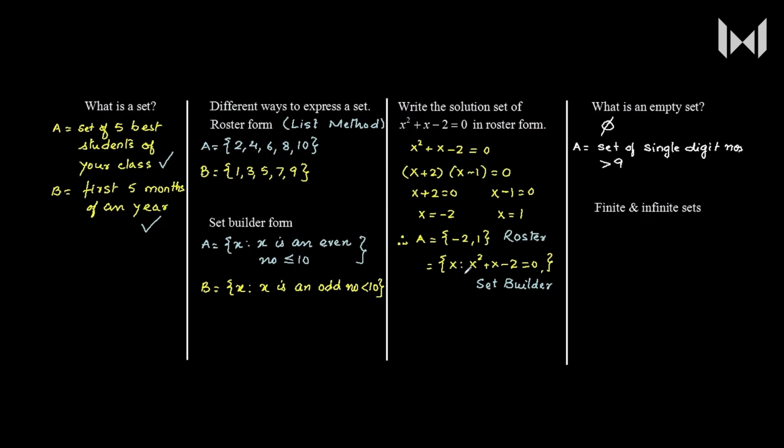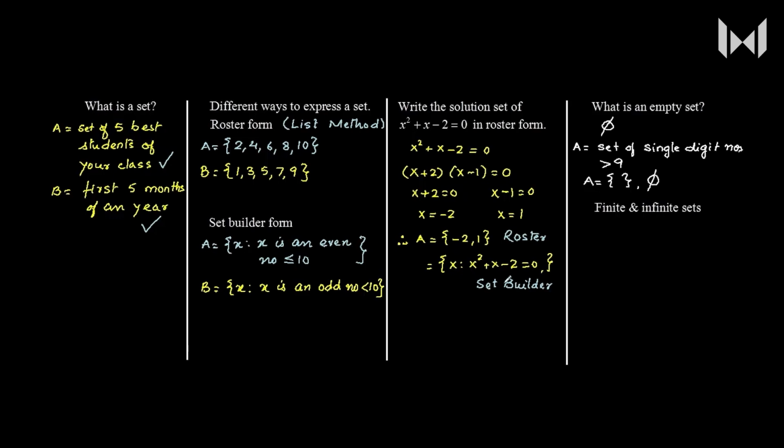Now we know 9 is the largest single digit number. After 9 we get 10. So there will not be any single digit number after 9, and we are talking about natural numbers here. In such a case, set A is either written as a null set with no element inside, or we will write it this way.